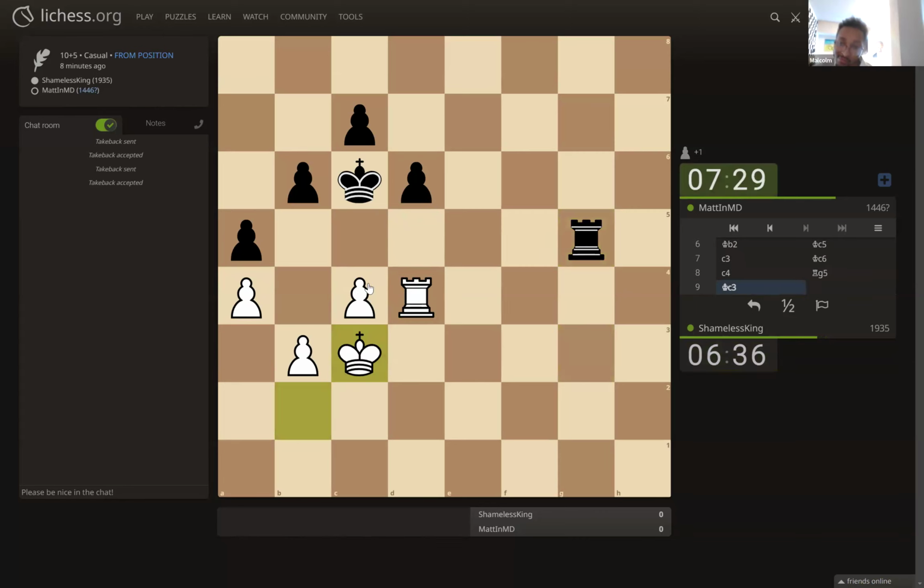Let's try. As you can see there, you have the theoretical ideas, kind of the practical ideas, and then there are landmines.